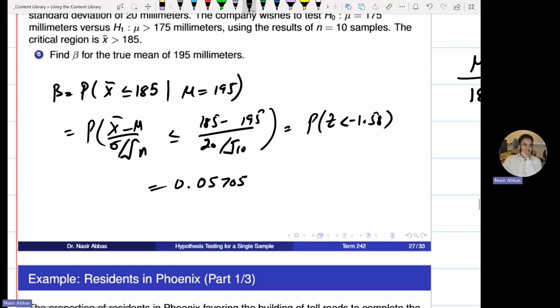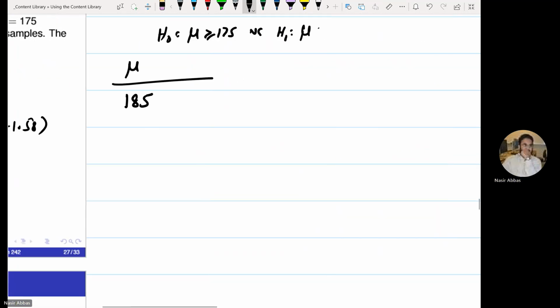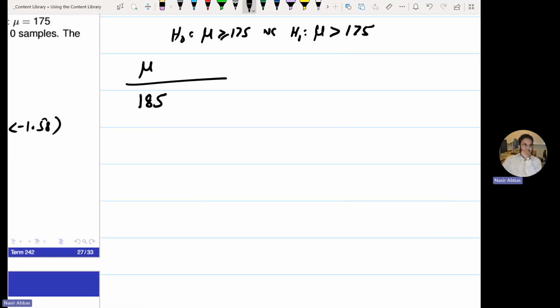What were you testing? Greater than or equal to 175 against less than. When mu was 185, beta was 0.5. You remember? Part 2. When mu is 195, beta is 0.05705. The probability of type 2 error decreased. Can you make a logic out of it? Why it decreased and how it decreased logically?